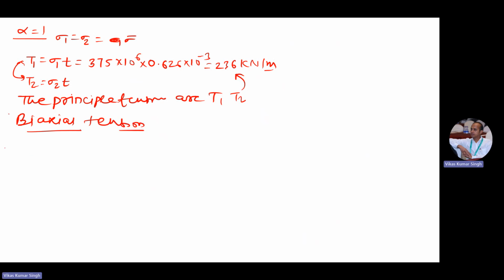Now the next step is plane strain. So plane strain case, we have alpha equal to 0.5, okay, and beta equal to 0. Okay.